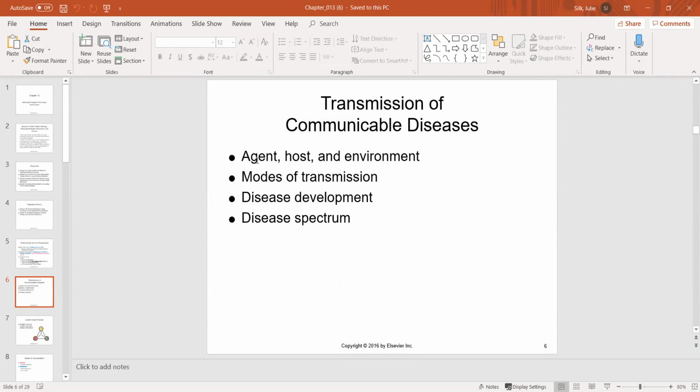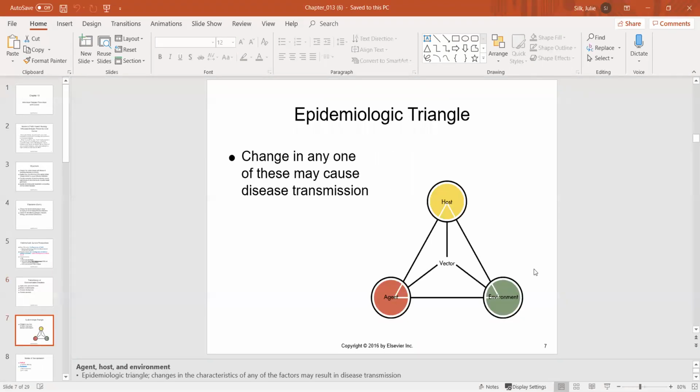This also talks about disease development and the disease spectrum. When we talk about the epidemiologic triangle, this is what we're talking about. We have the host on one point, the agent, and the environment. They all work together here. A change in any one of these things could cause disease transmission.